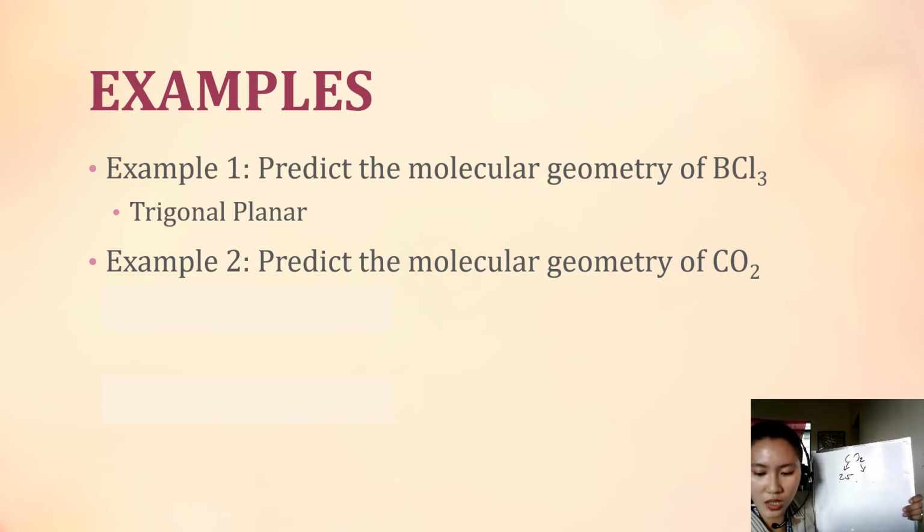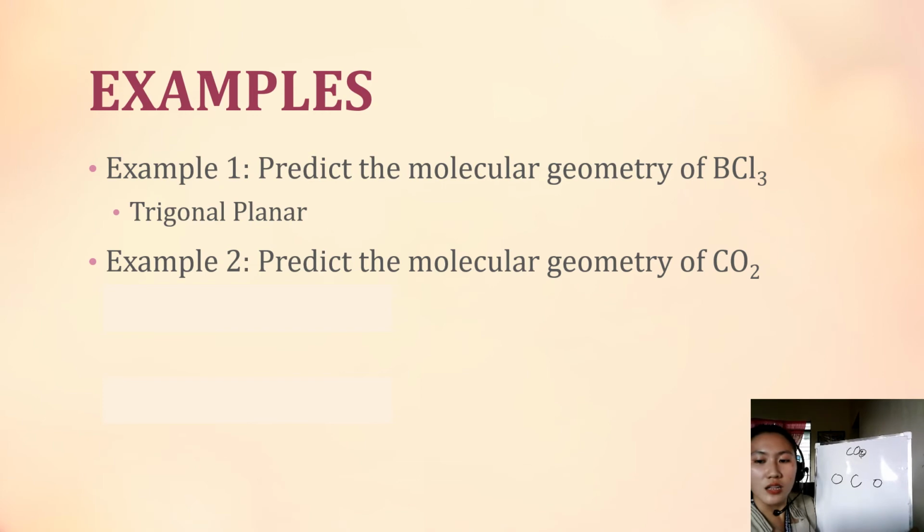Meanwhile, oxygen has an electronegativity value of 3.5, but there are two oxygens here, so another 3.5. Add this: 7.0. So, which of them has the least electronegativity value? Carbon. So carbon will be our central atom, with oxygen and oxygen.